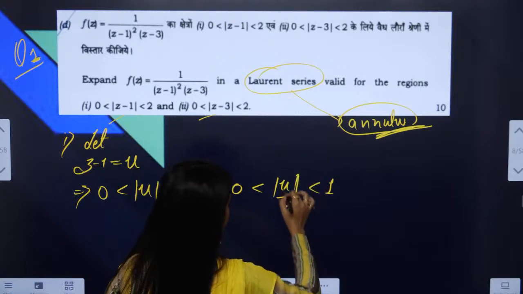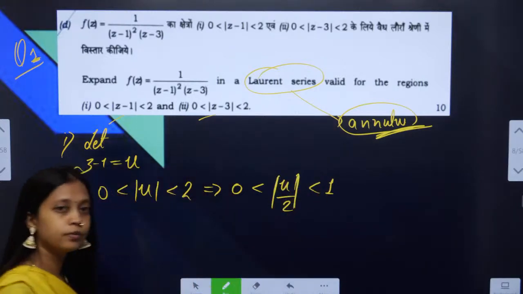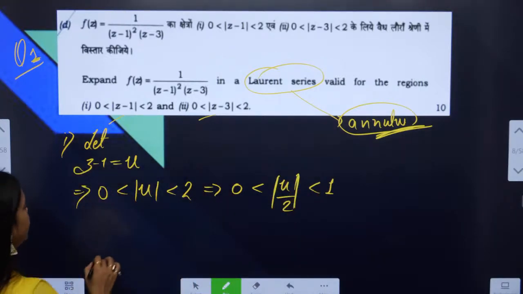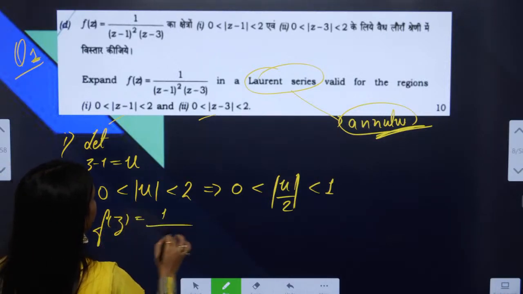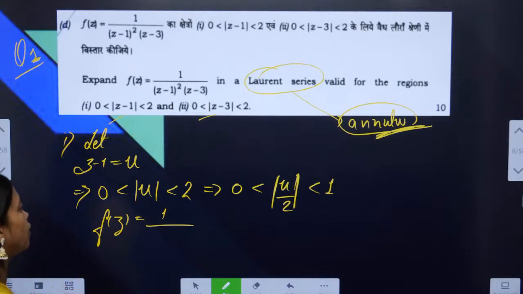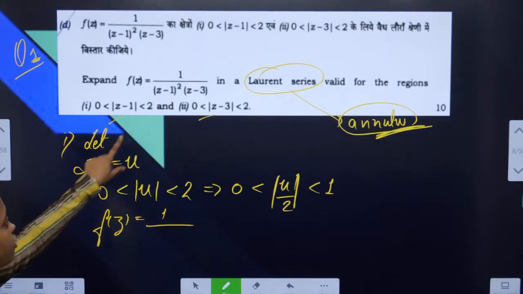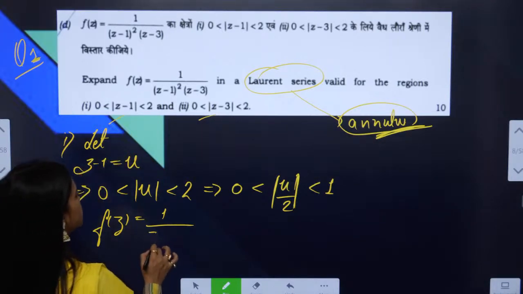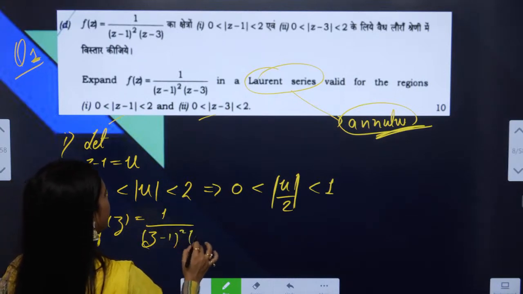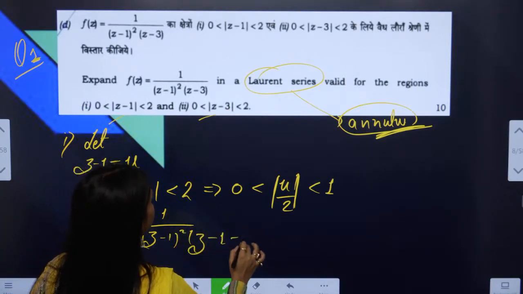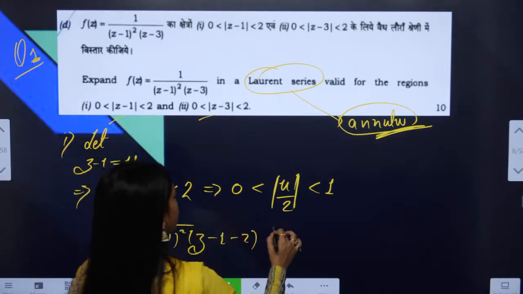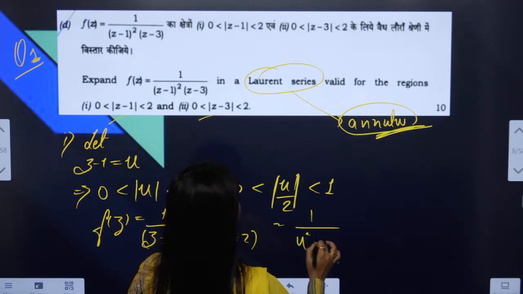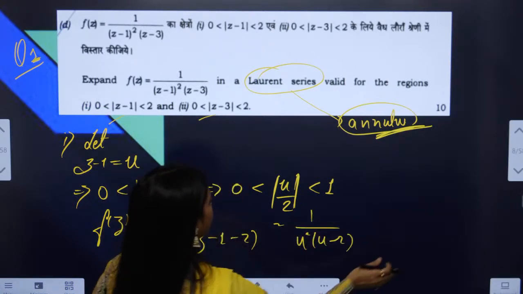You can write it like that also, right? And f z is 1 upon z minus 1 square. So if you want to write everything in terms of z minus 1, it becomes z minus 1 whole square and z minus 1 minus 2, right? So basically this expression becomes 1 upon u square into u minus 2.